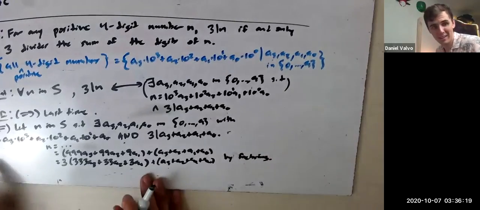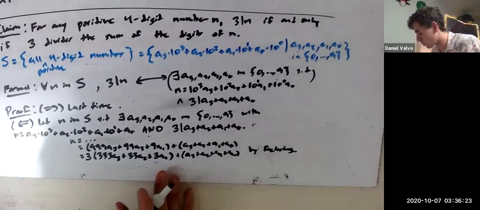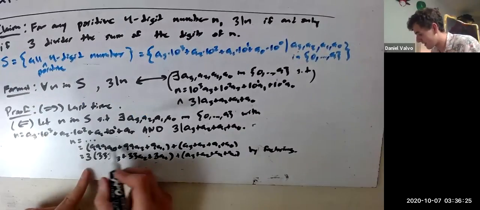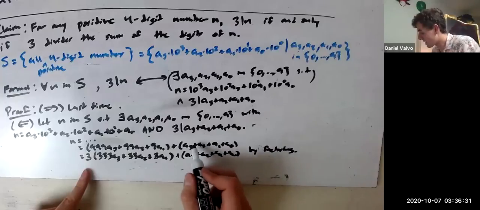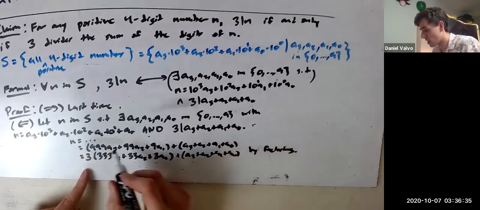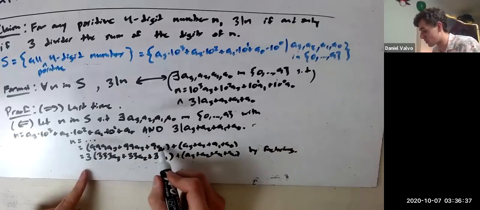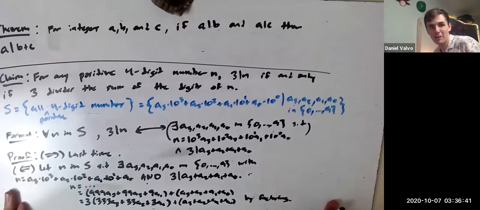So note, 999, this is 3 times something. So this right here is divisible by 3. And this, by definition, is divisible by 3. So n equals something divisible by 3 plus something divisible by 3, which by our theorem means it'll be divisible by 3.